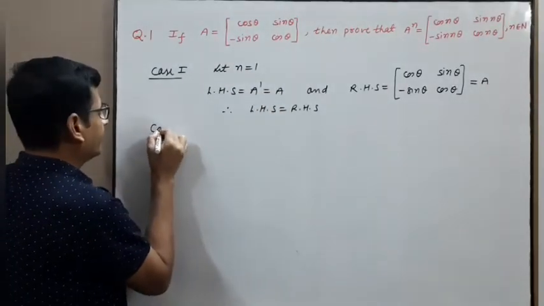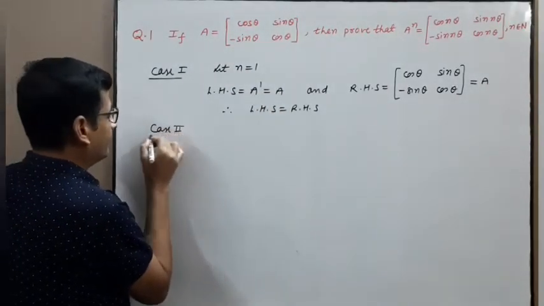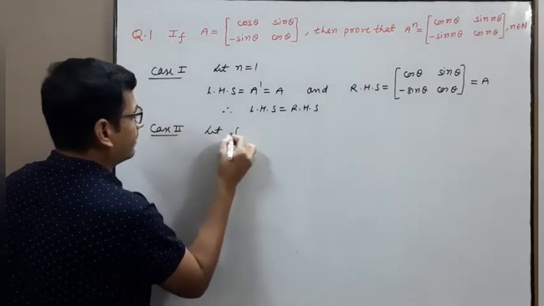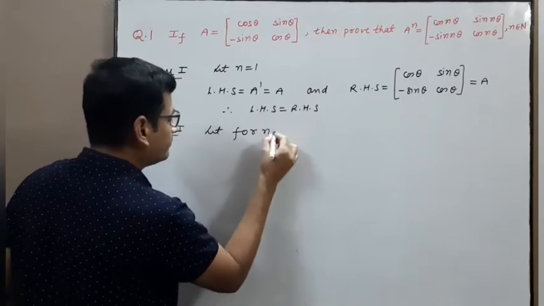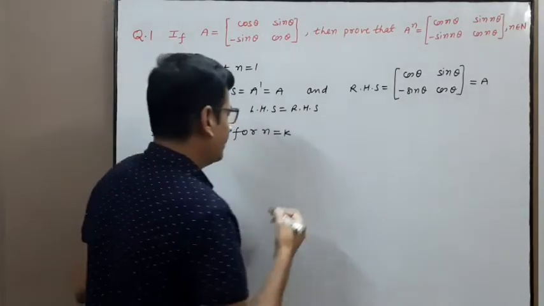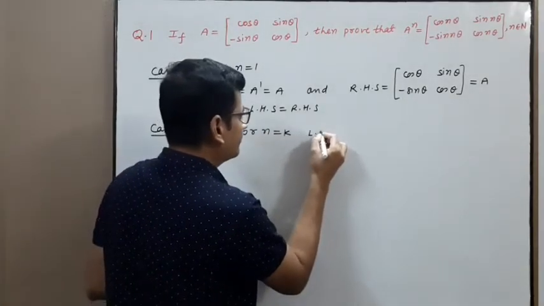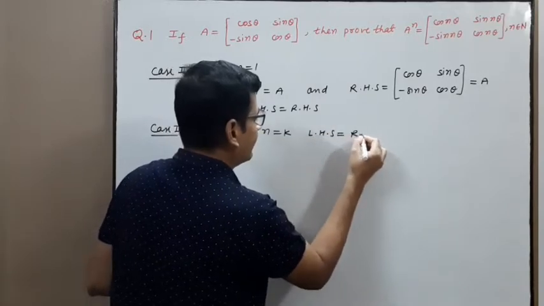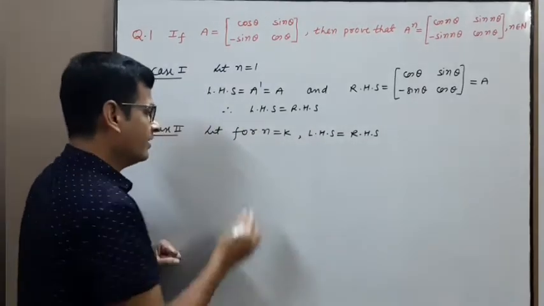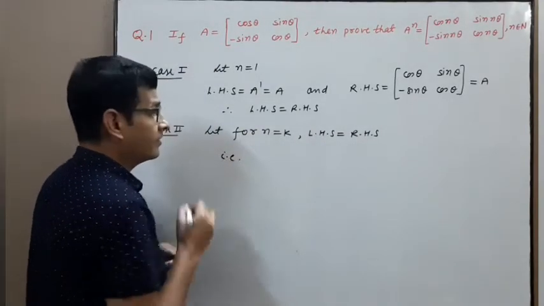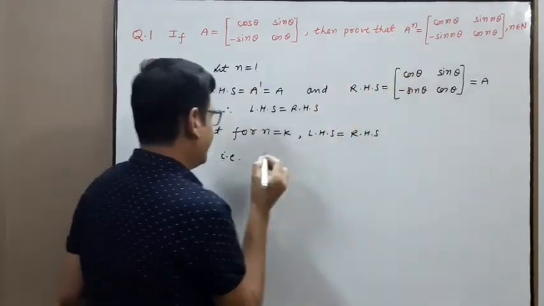Case second. Let for n equal to k, left hand side equal to right hand side, meaning the given statement is true. That is, replace n by k.